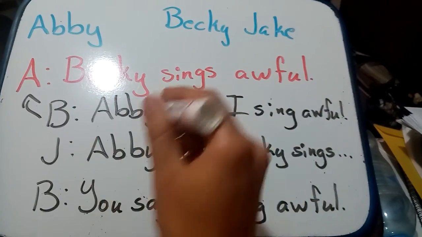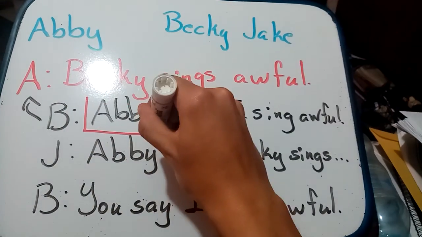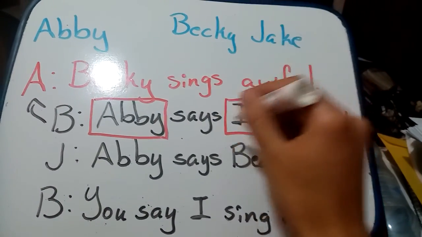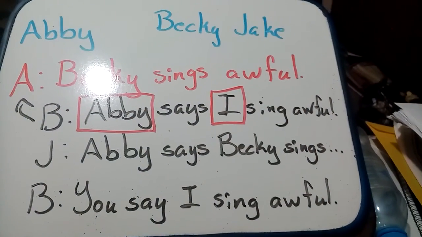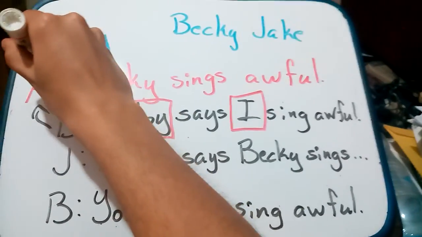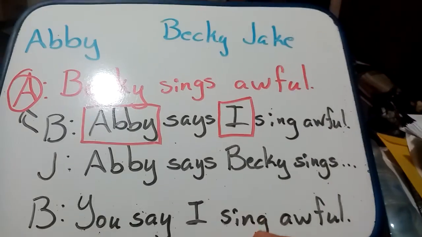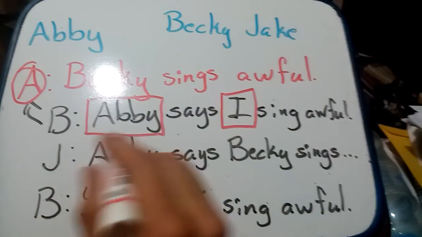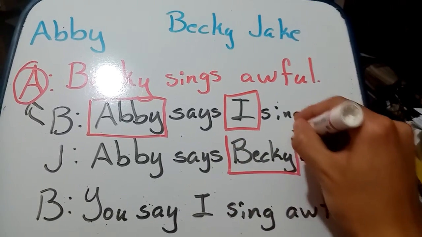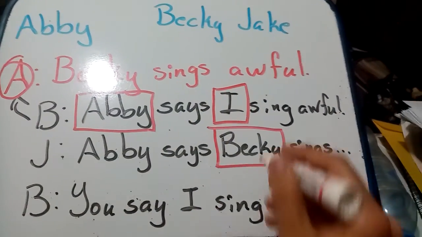Why? Because we have Abby says that I in this case refers to Becky. In the second one, Jake is also talking about the first person who mentioned that. Abby says Becky thinks awful.